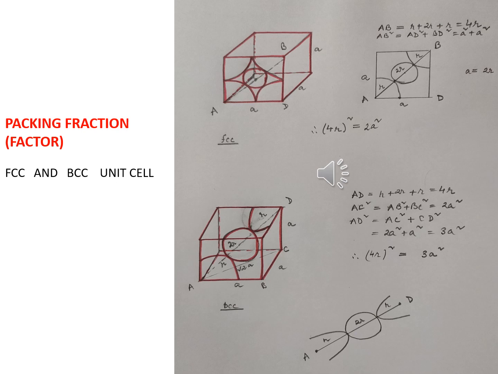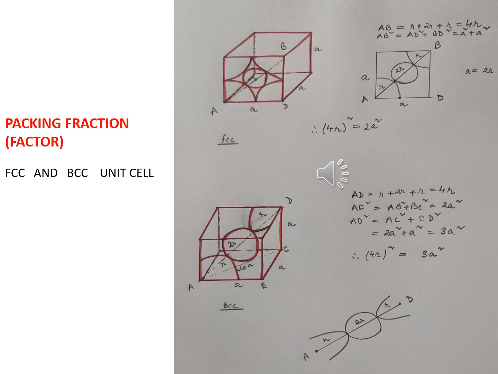Now, to find the packing factor, we have to know the volume occupied by the atoms and the total volume of the unit cell. The total volume of the unit cell for a cubic structure is always a cubed, where a is the translation vector. That means a is the side of the unit cell, right? So that is constant. And what about the volume occupied by the atoms? It will vary depending upon whether it is simple cubic, FCC or BCC, right?